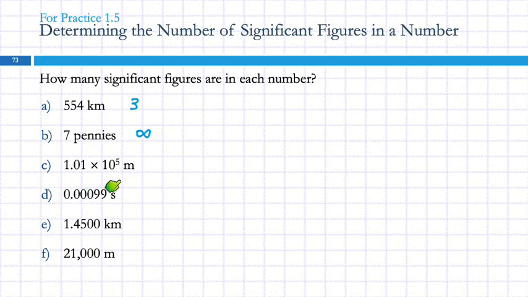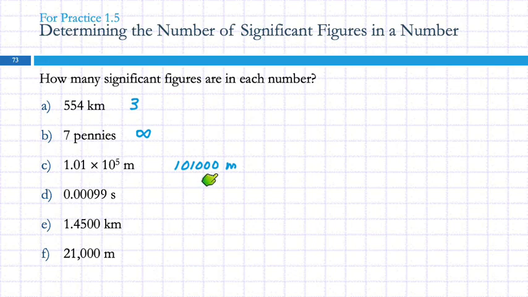This one's in scientific notation. 1.01 times 10 to the 5th meters. We haven't talked about this. We will briefly go over scientific notation, but in decimal notation, you would write it like that.